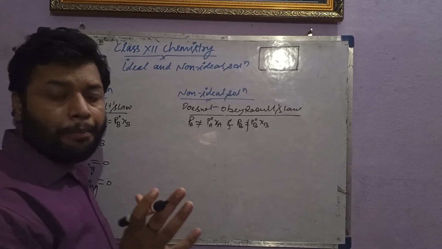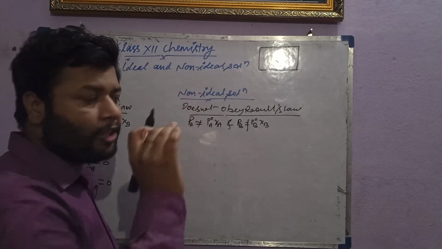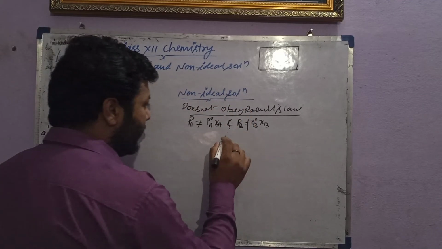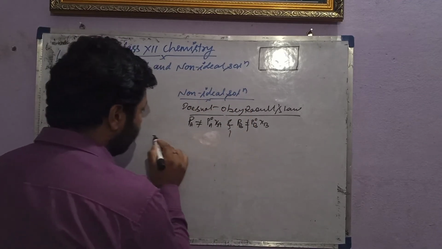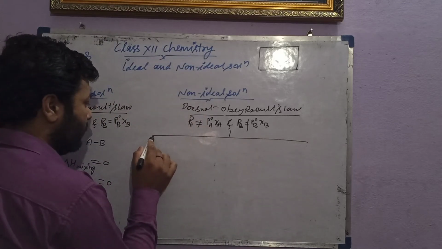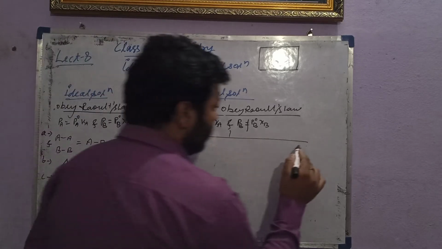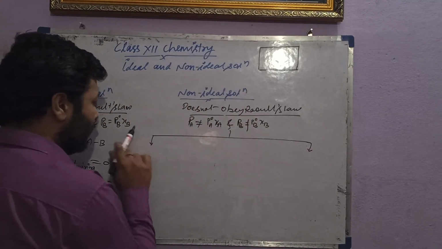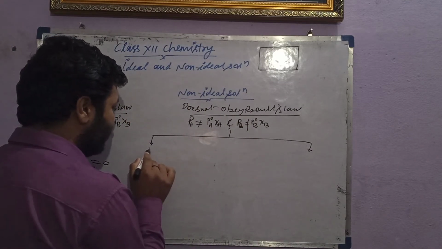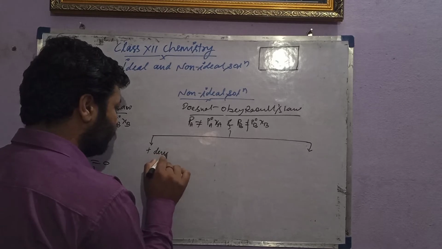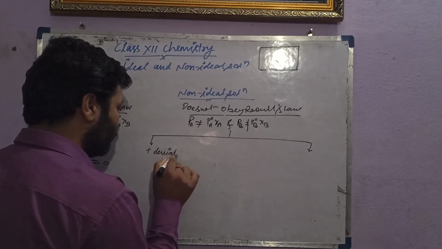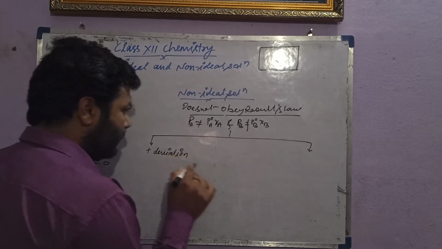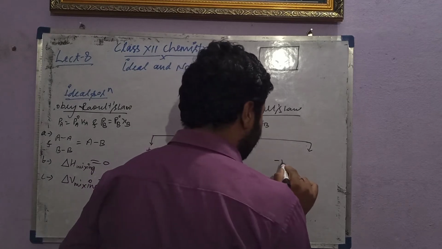There should be a positive value or a negative value. So non-ideal solutions are categorized into two forms. The first form is positive deviation. And the second form is negative deviation.